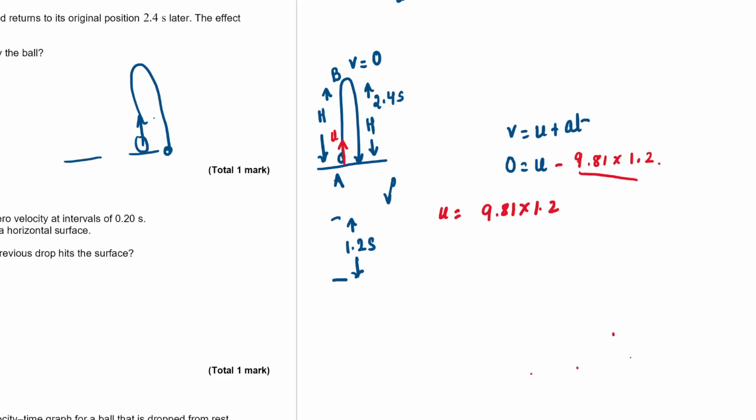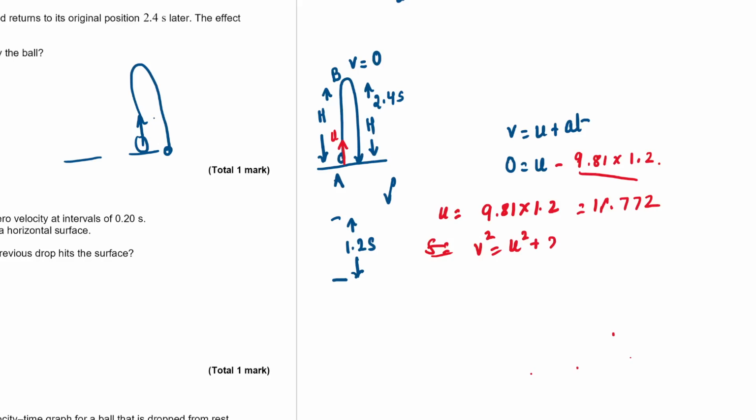So we got one speed as 11.772. I'm just going to write it here. Then we can use s equals ut plus half at squared, or just v squared equals u squared plus 2as.